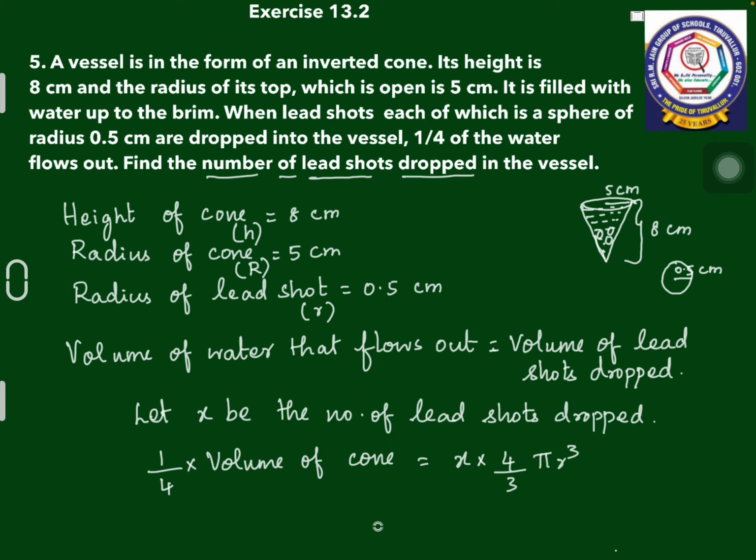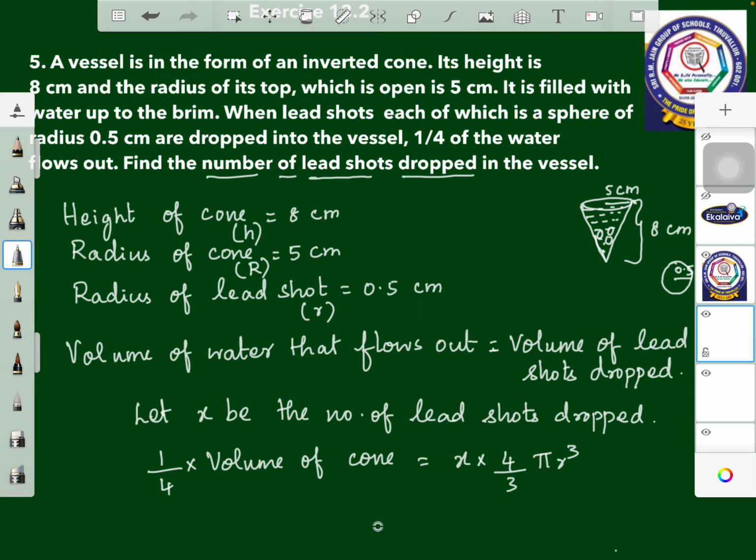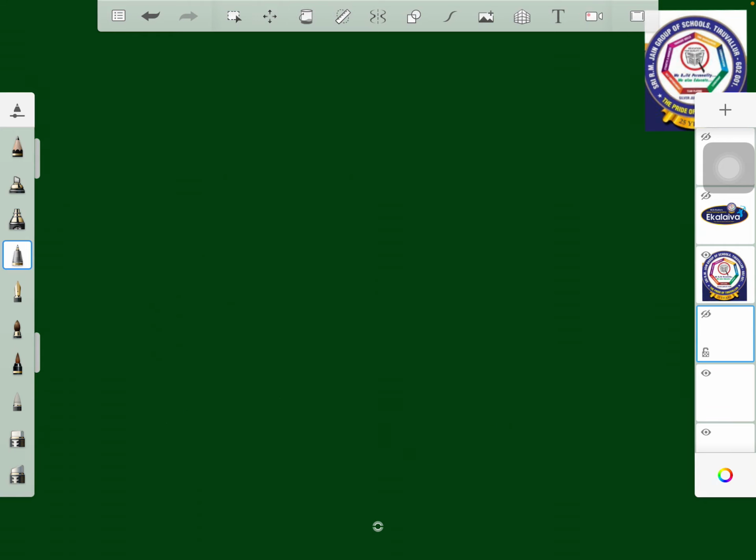So, it is 1/4 into the volume of a cone, 1/3 pi r squared h, is equal to x into 4/3 pi r cube.